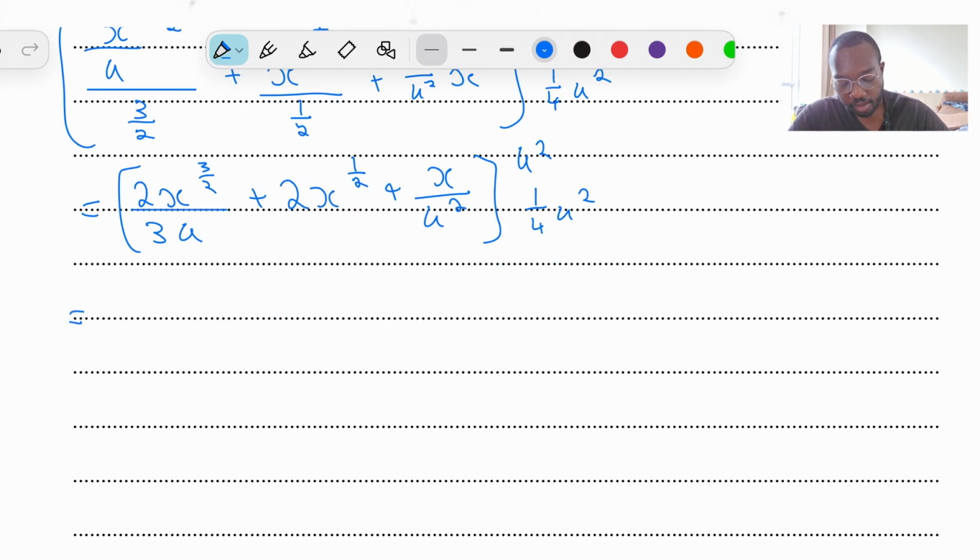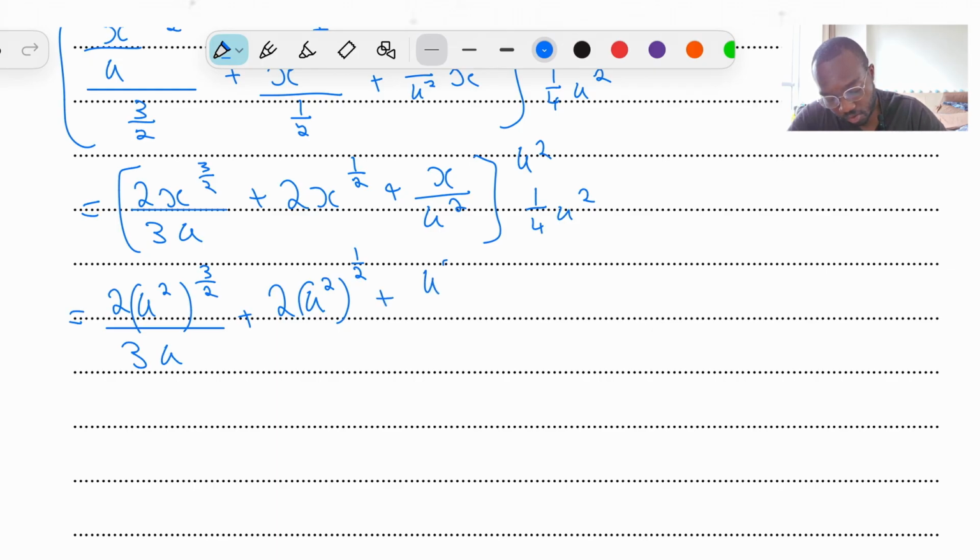So if I do that here, therefore, what do we get? Well, we would get 2 times k squared, and that k squared is raised to the 3 over 2, over 3k, plus 2 times k squared raised to the 1 over 2. And then we get an x, so k squared over k squared.